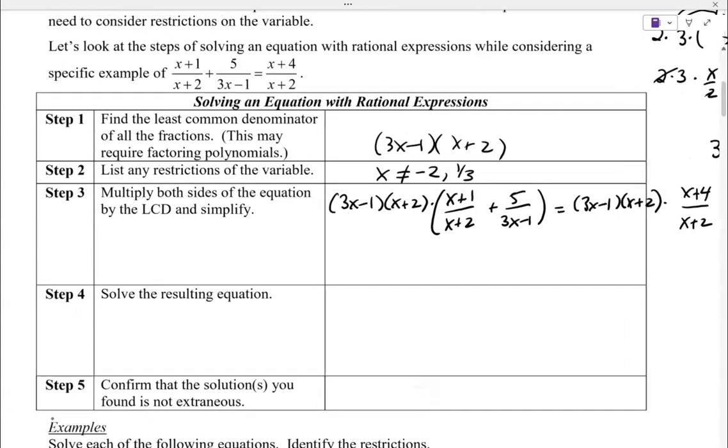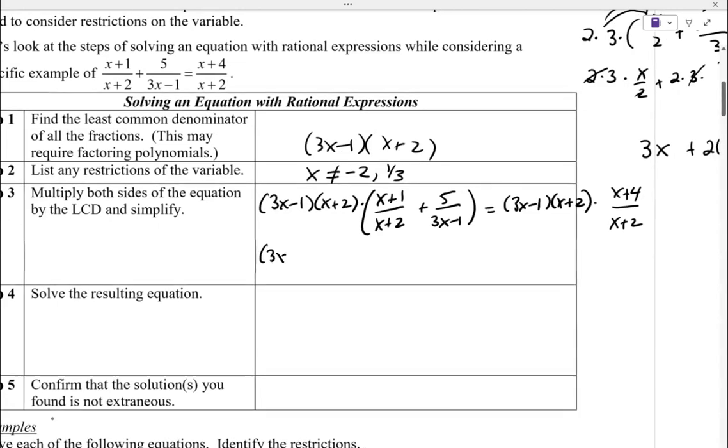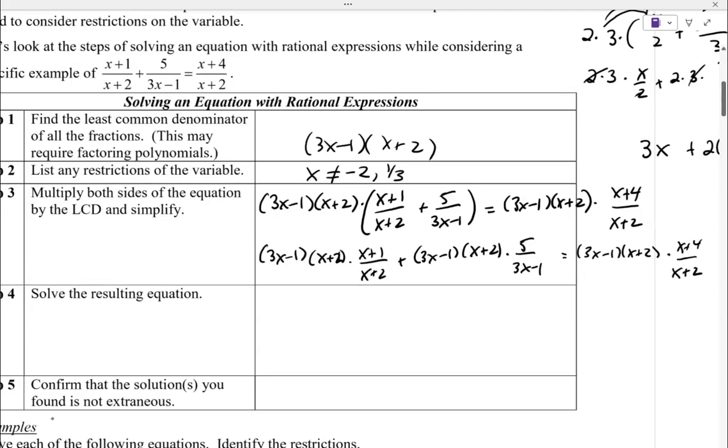So we would have 3x minus 1 times x plus 2 times x plus 1 over x plus 2 plus 3x minus 1 times x plus 2 times 5 over 3x minus 1. Distribute it to each term first.